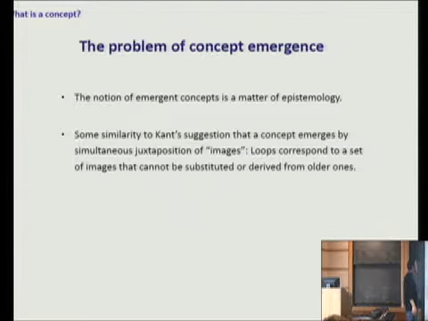One example is Kant, who suggested that new concepts appear when somehow in the mind there is a set of images that are juxtaposed together, and this juxtaposition gives us a newly emerged concept. This somewhat corresponds to the idea of loops, which is also a minimal set of words that appear together. I mean, there is a whole literature about these ideas, just to give you some general context.